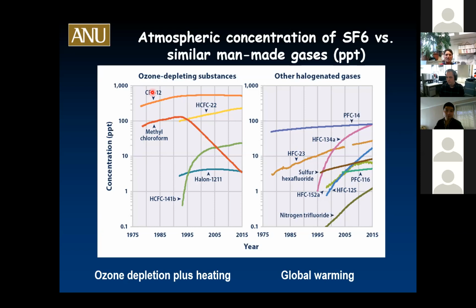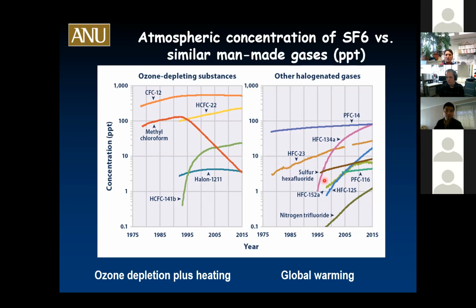Here you see graphs which indicate the concentration in parts per million, measured in the atmosphere. On the left graph, we've got some gases believed to contribute to ozone layer depletion, plus heating of the atmosphere.